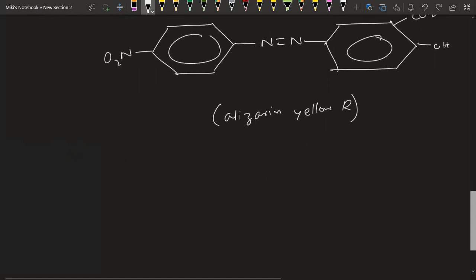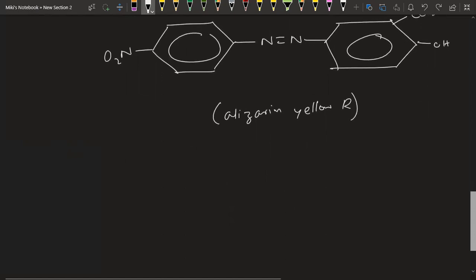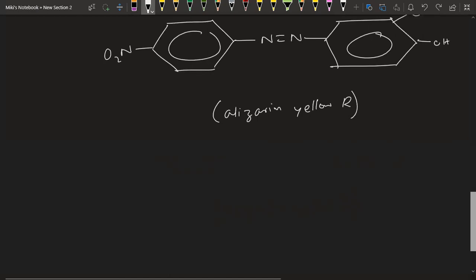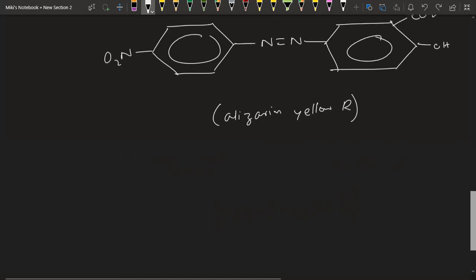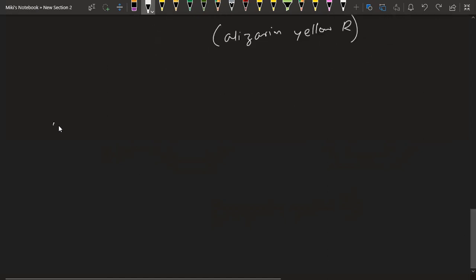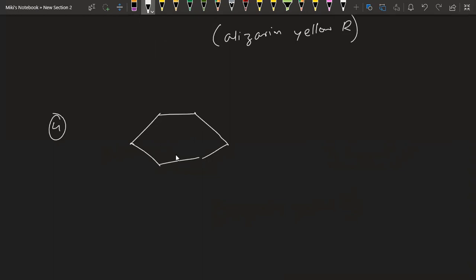Just a minute, let me see. What else do we have? Okay, let's do another example where we have again a diazonium part, but this diazonium is bonded with some sulfur, 3 oxygen, and sodium.